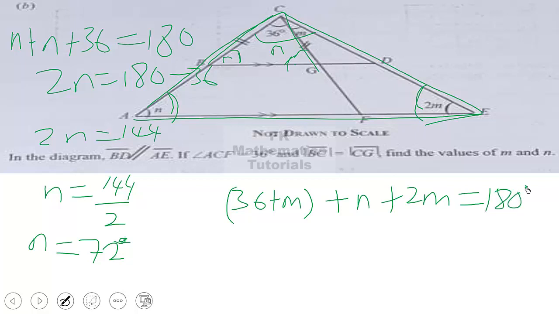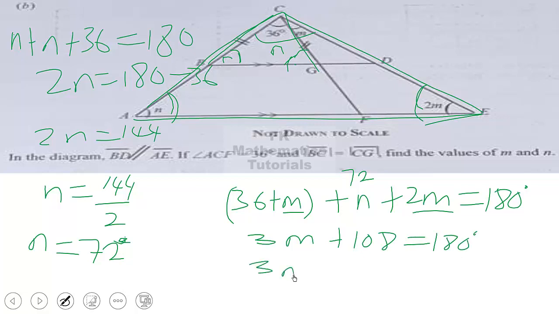So let's add, n is equal to 72. So when you add all this, we should get m plus 2m is 3m plus 108 is equal to 180 degrees.